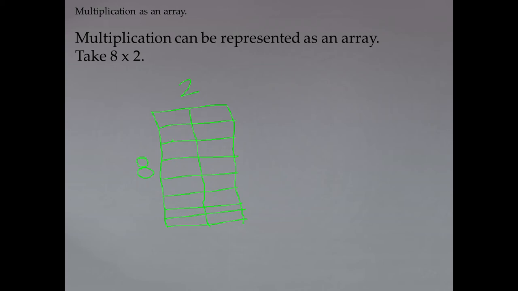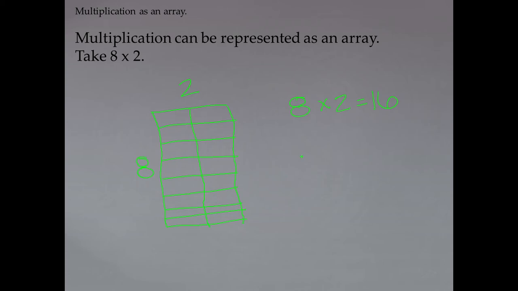So now if I want to find the solution to this, all I have to do is count the number of squares I have in the middle. So I have 1, 2, 3, 4, 5, 6, 7, 8, 9, 10, 11, 12, 13, 14, 15, 16. So this helps me visualize 8 times 2 equals 16.